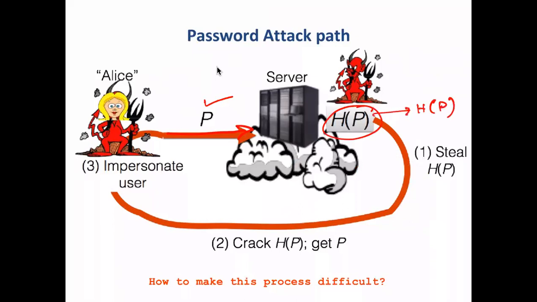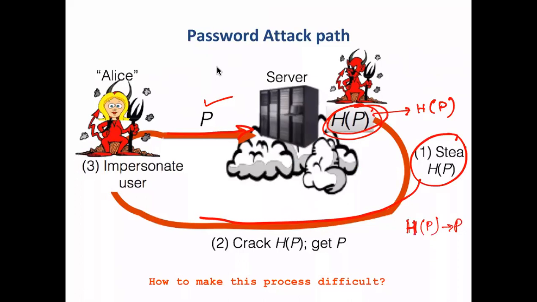Now let's assume the cyber criminals are able to break into the system and get H(P) for Alice and many other users, right? So they are able to steal H(P). What are they going to do? They are going to crack it. From H(P), they want to get P. So how will they get P?